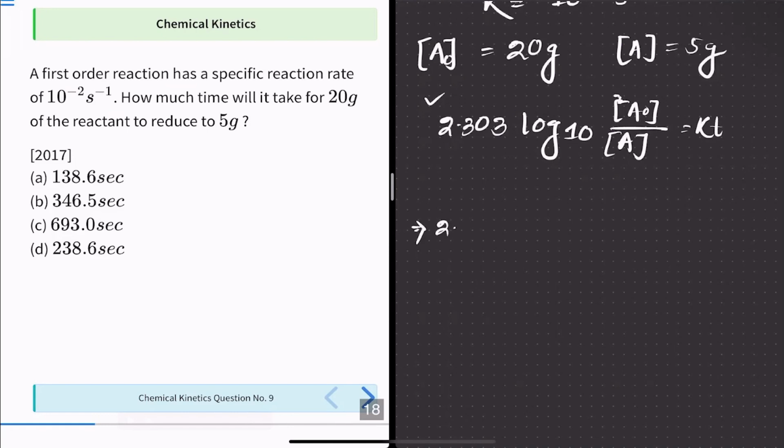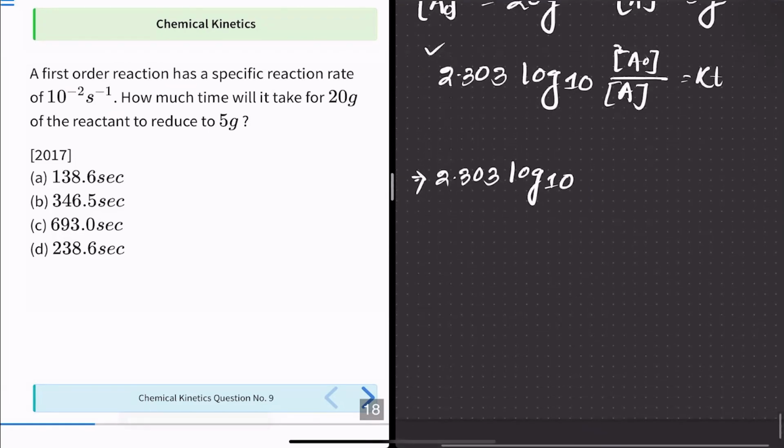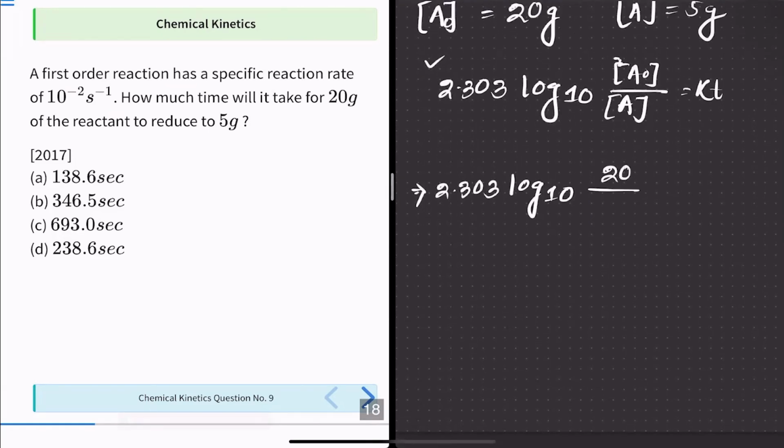So 2.303 log 10, A naught is 20, A is 5, K is given as 10 to the power minus 2 times t.